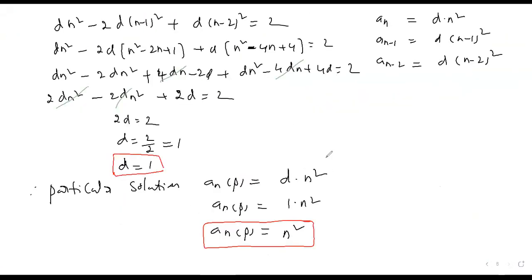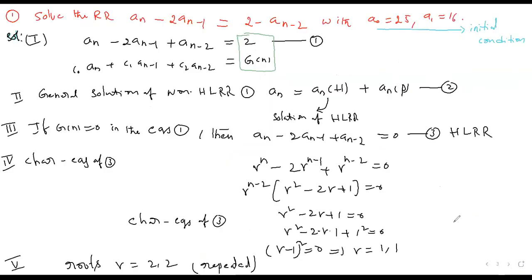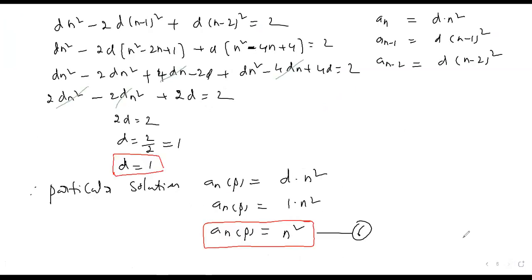Initial conditions means, see the problem they given a_0 equals to 25, a_1 equals to 16. This is called the initial condition. Keep this point here.